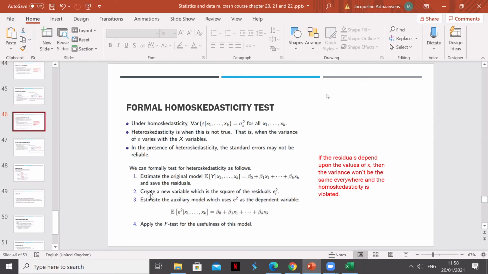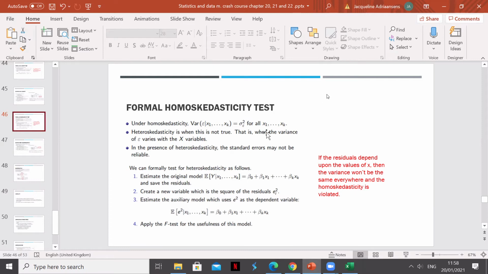So you create a new variable, which is the square of the residuals. Why would you square them, you may ask? We usually square them also in your SSE. If you recall, you do because otherwise they cancel out. Because of the linearity assumption, they have to be in equal parts above and below your regression line.